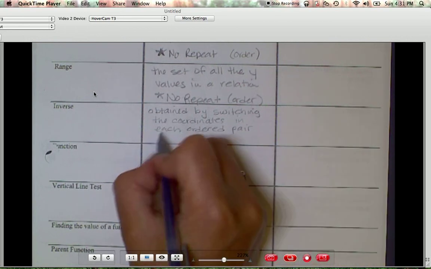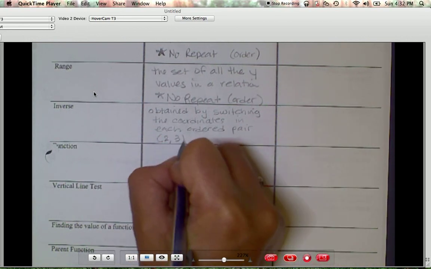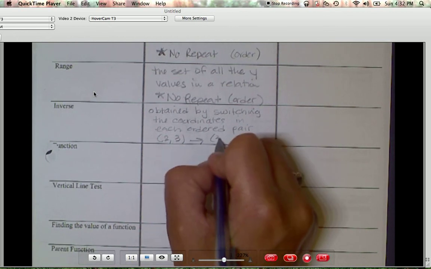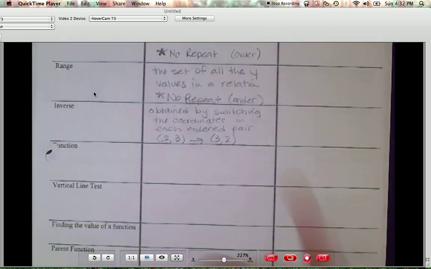So for example, if you have an ordered pair that's 2, 3, the inverse of that ordered pair would be 3, 2. You're just flip-flopping them. Okay? So that is an inverse.